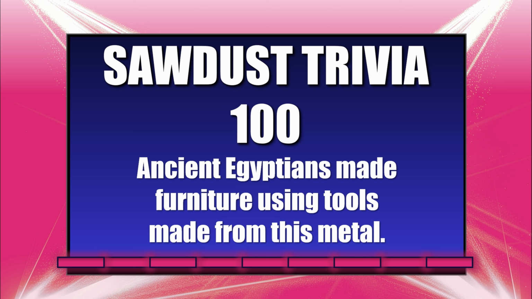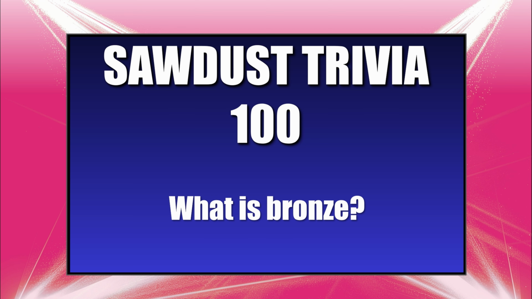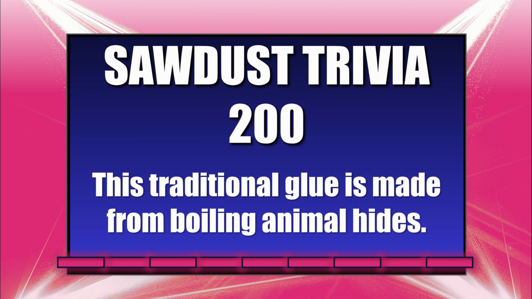Sawdust trivia for 100. Ancient Egyptians made furniture using tools made from this metal. What is bronze? Sawdust trivia for 200. This traditional glue is made from boiling animal hides.